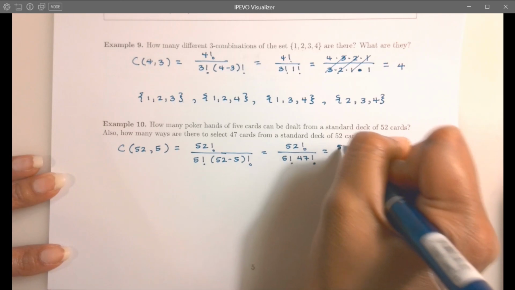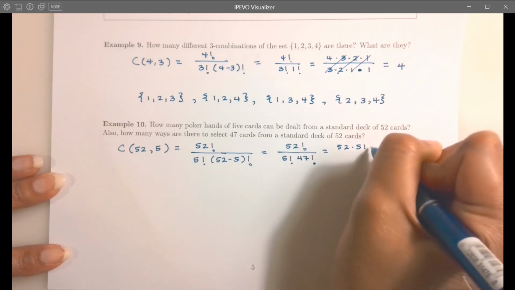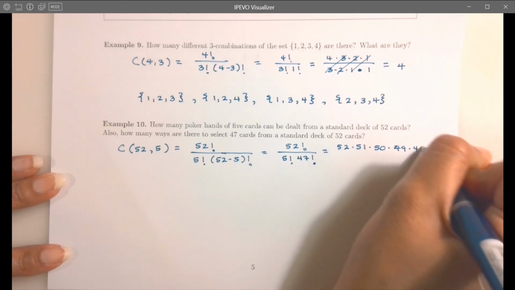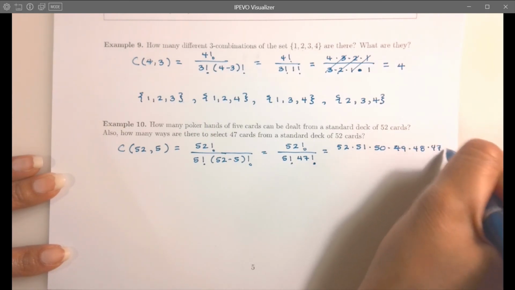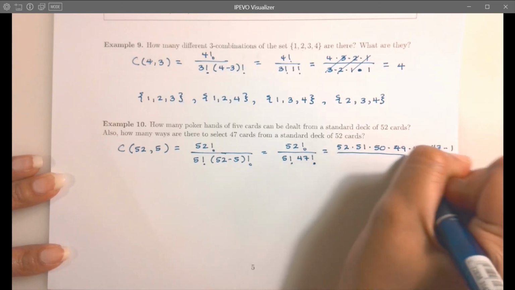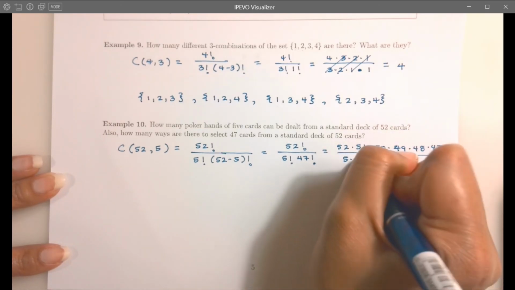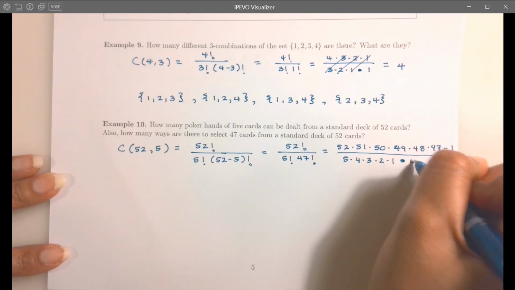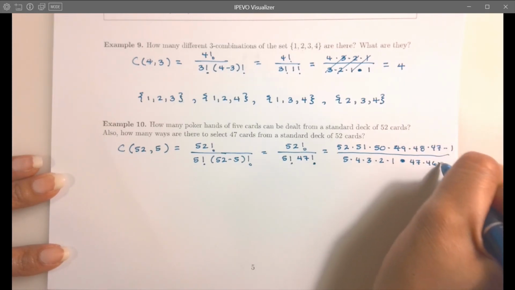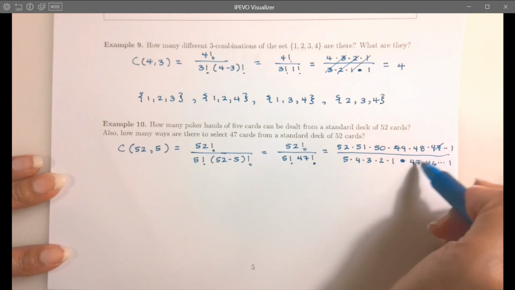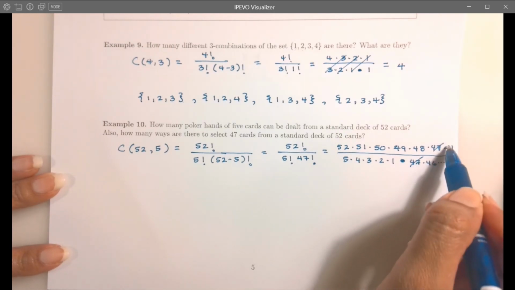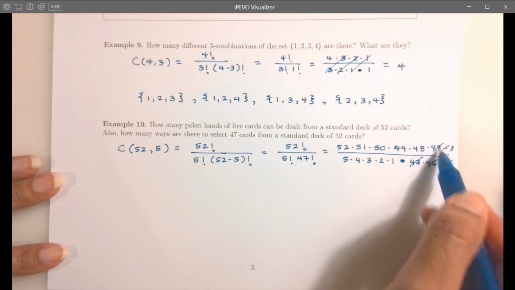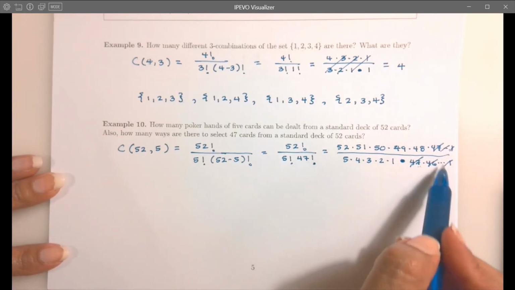And that means that we would have 52 times 51 times 50 times 49 times 48 times 47 all the way down to 1 over 5 times 4 times 3 times 2 times 1 times 47 times 46 times all the way down to 1. So basically all factors 47, 46 and anything smaller will divide out to 1 because of this 47 factorial.